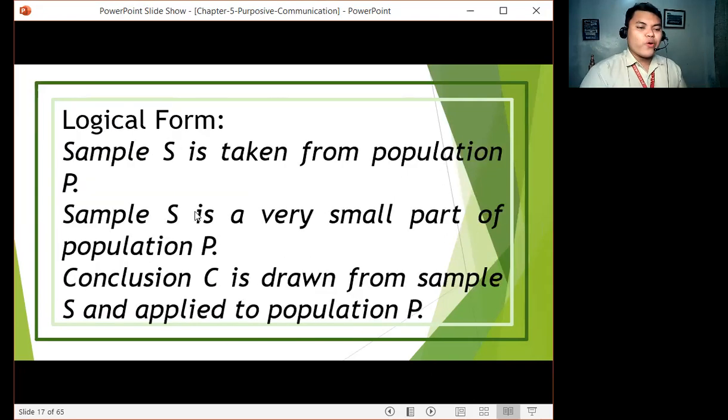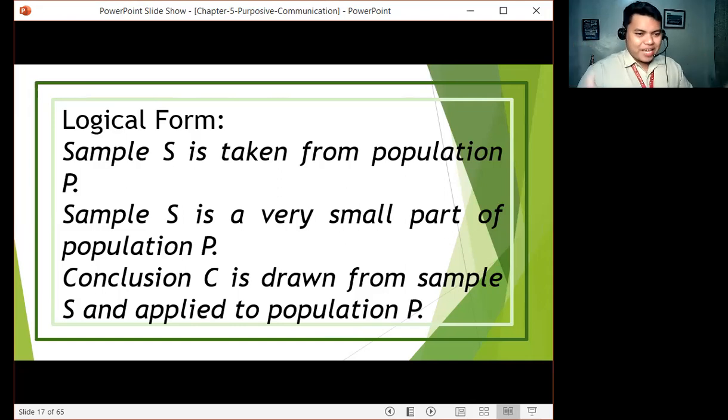So the logical form is: sample S is taken from population P. And you have to take note, sample S is a very small part of population P. Now the conclusion C is drawn from sample S and applied to population P, which is wrong.